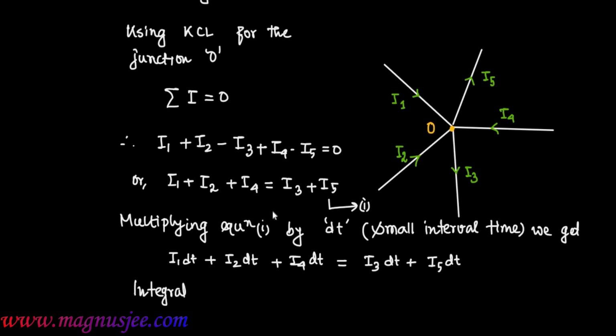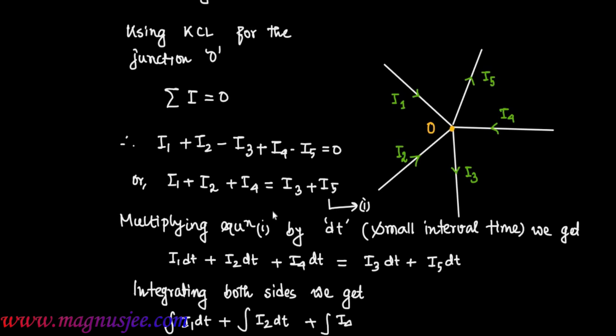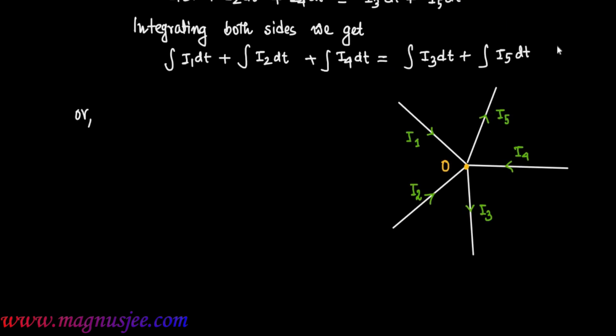Integrating both sides, we get integration I1 dt plus integration I2 dt plus integration I4 dt is equal to integration I3 dt plus integration I5 dt. Or q1 plus q2 plus q4 is equal to q3 plus q5.